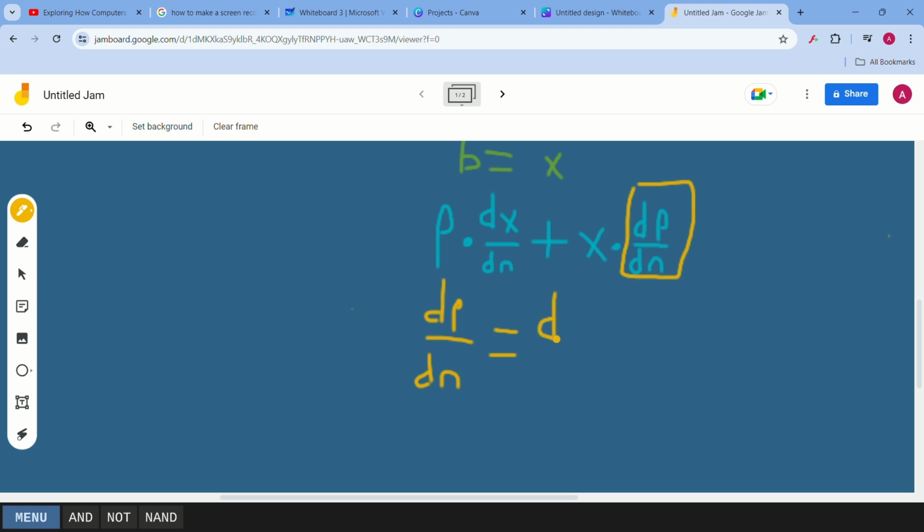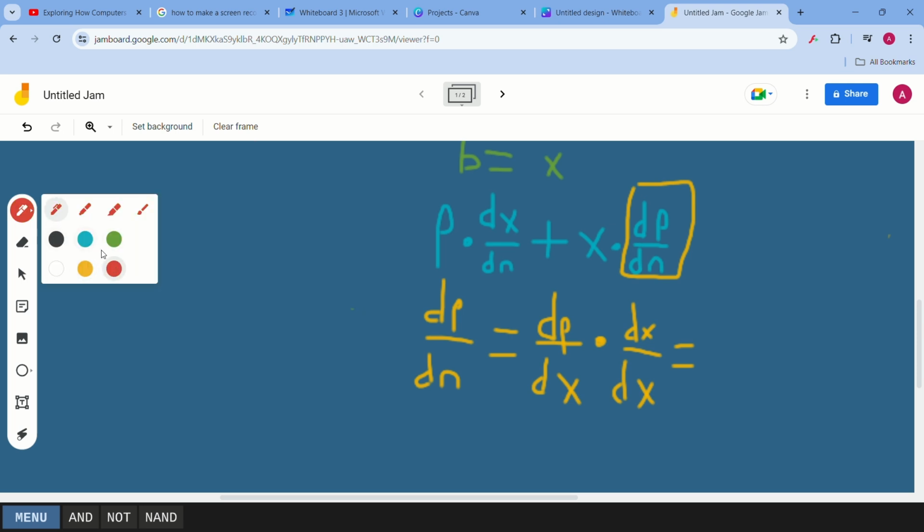d of p over d of x times d of x over dn. Basically, let me just change the color real quick.